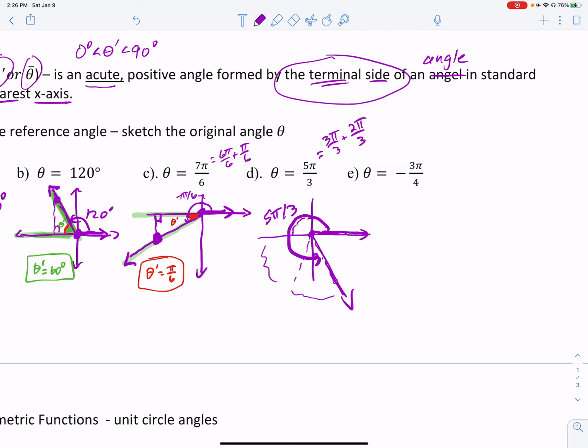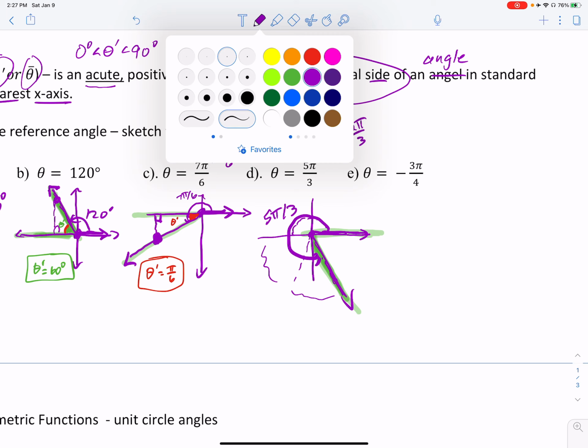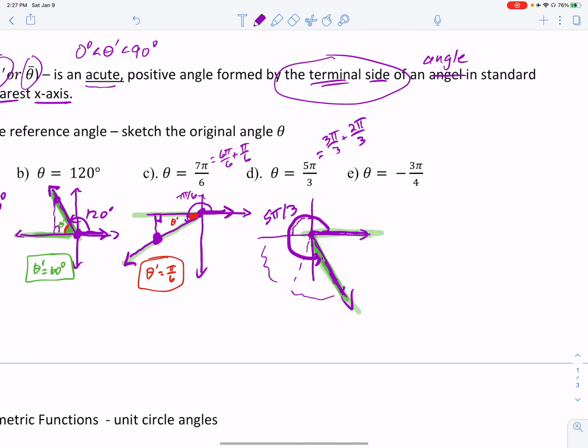So the reference angle is the angle formed by the terminal side and the closest x-axis, which in this case is going to be this side. If I take a point on that terminal side and drop an altitude to the x-axis, it's going to look like this.